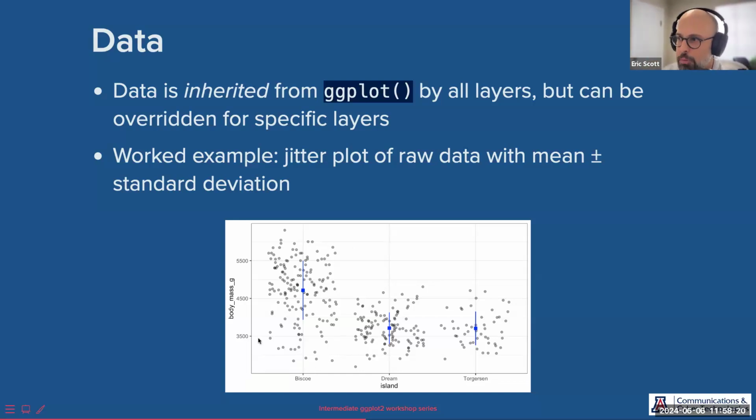This is a jitter plot, so these points are spread apart randomly so that we can see them better, and they're not all on top of each other. We've got 3 different islands, body mass, and then this blue thing is plotting the mean, and the bars are the standard deviation. That's what we're going to try to recreate here in RStudio.